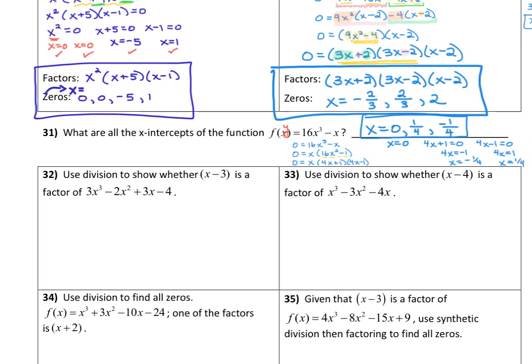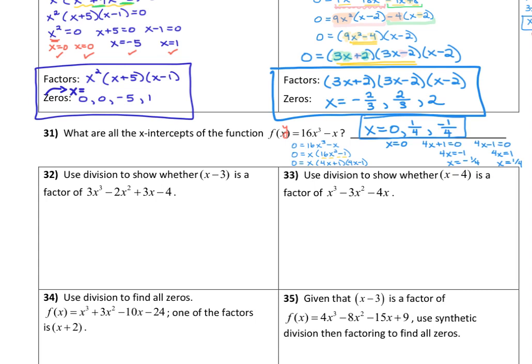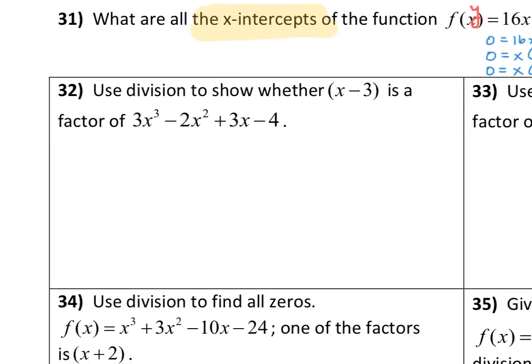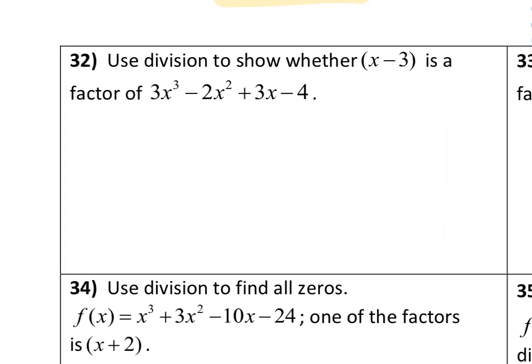Remember the wording here, just to make sure that you see that. X-intercepts, solutions, roots, all of those can be found using similar methods. So from number 32 to the end of this page, we get back into some of the synthetic division. But instead of saying divide, find a quotient, what we're connecting here is that division is connected to factors or solutions or roots of an equation.